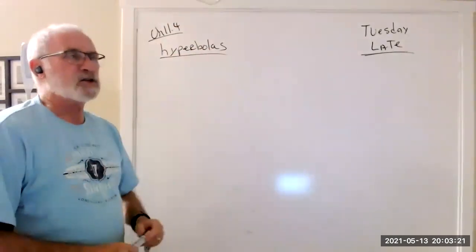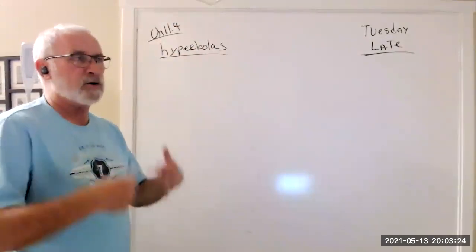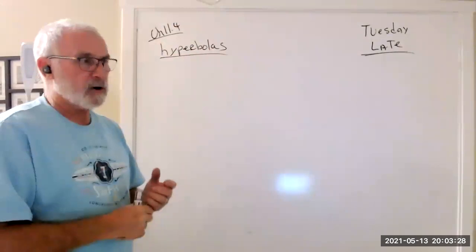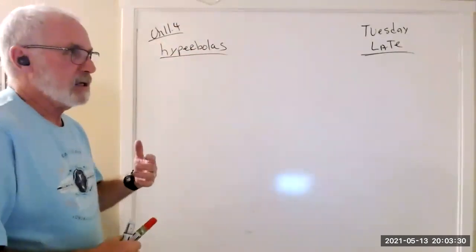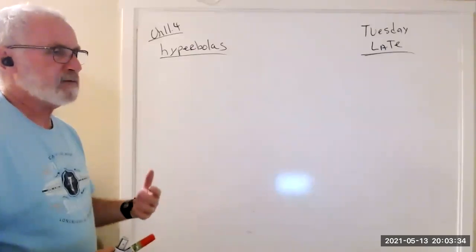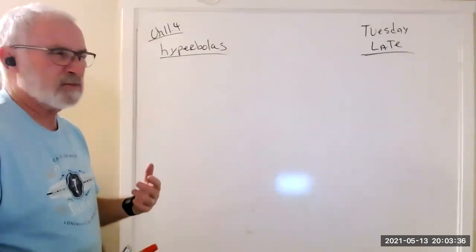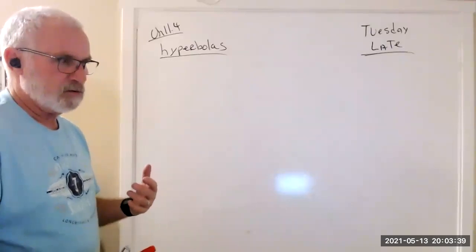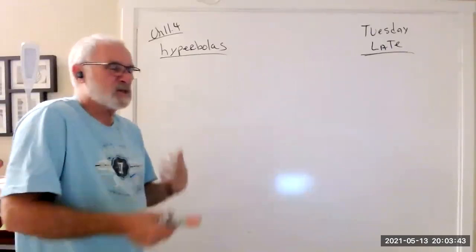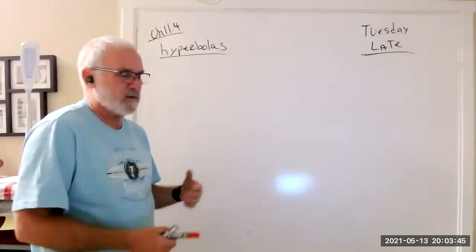Yes, I need to teach them because they're part of the conic sections. They are there. They're a part. But most math courses that I've seen don't use them very often at all. I mean, maybe once or twice in calculus, whatever.